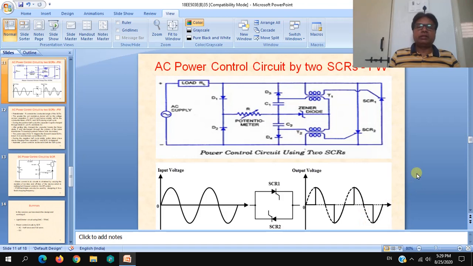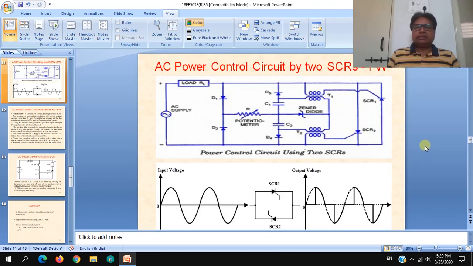And how is it done? We will go through the circuit and explain it. Unlike the other circuit, this particular circuit is again an automatic power control circuit for a particular fixed value.